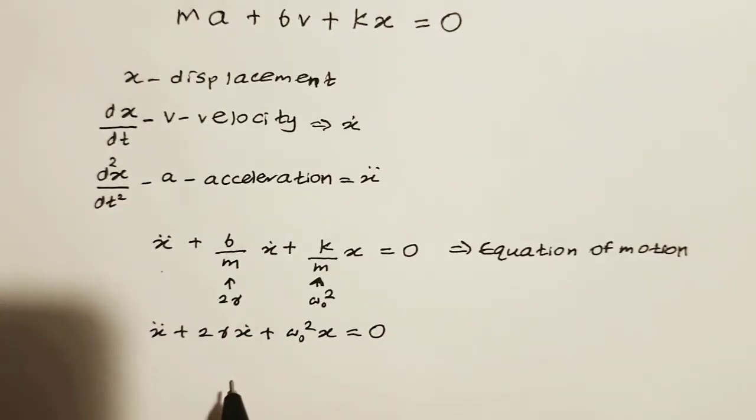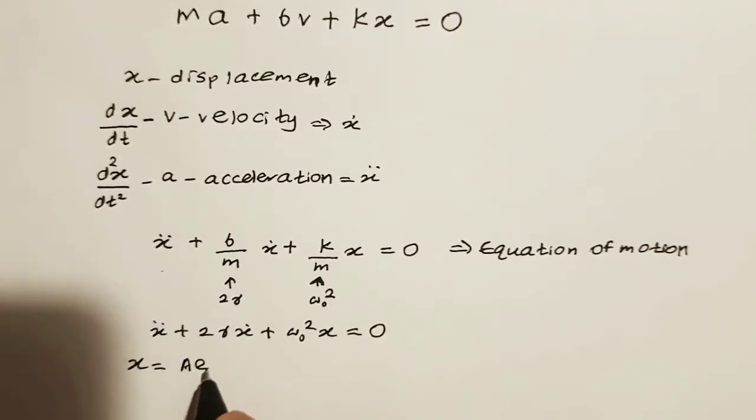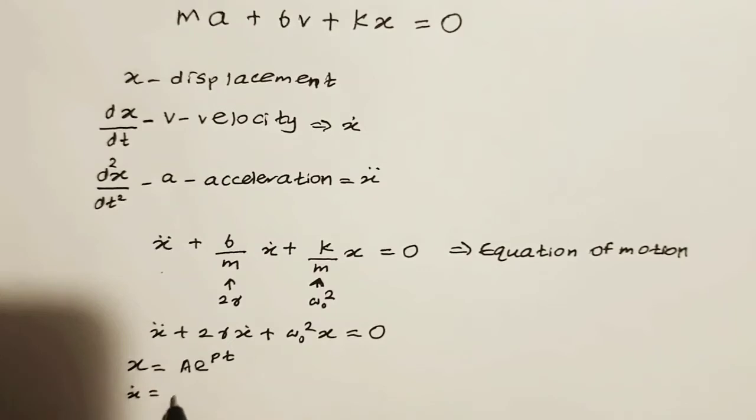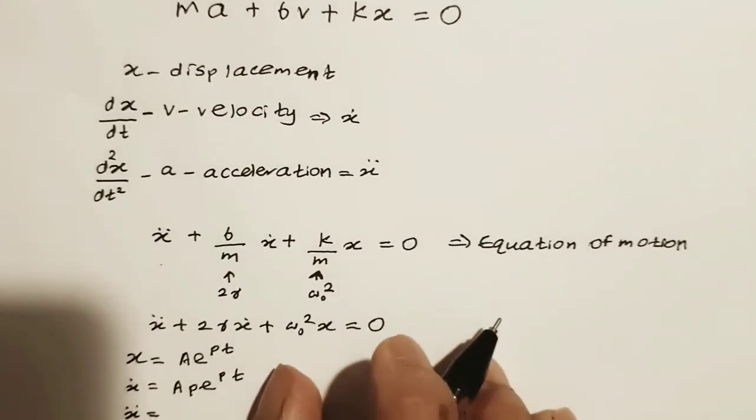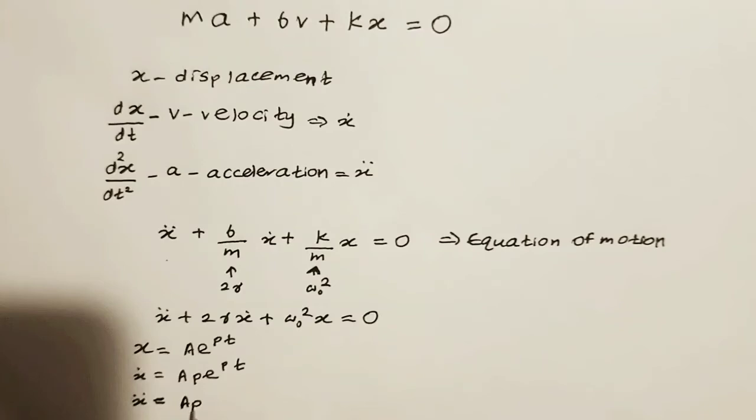Now we can take this x term to be A e to the power pt, as the first derivative x dot would be equal to A p e to the power pt, and the second derivative x double dot would be equal to A p squared e to the power pt.